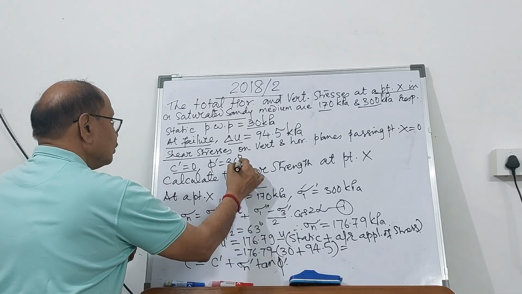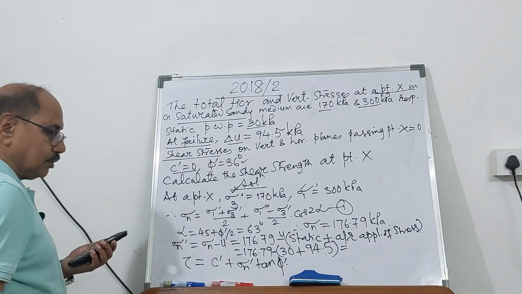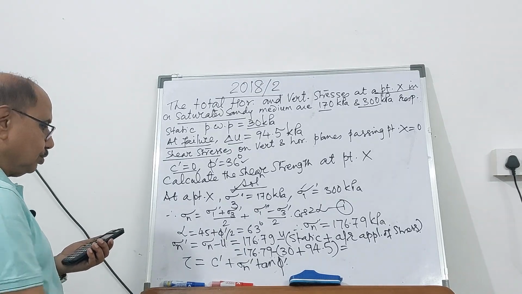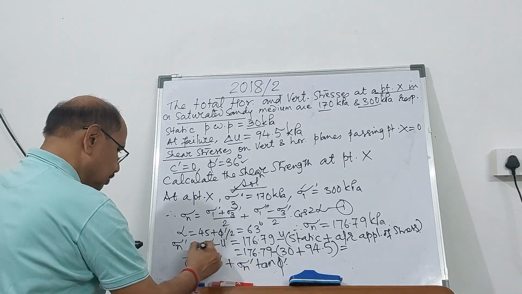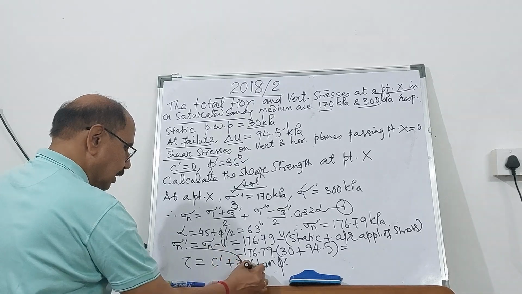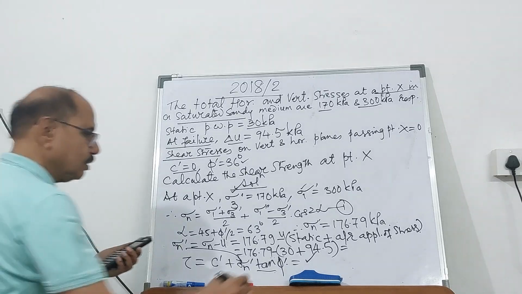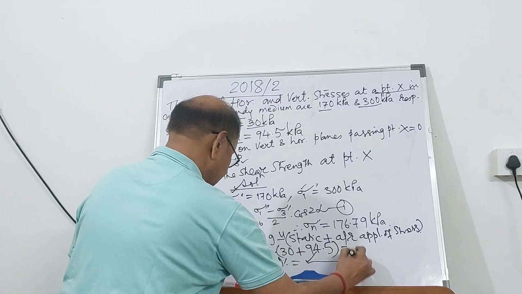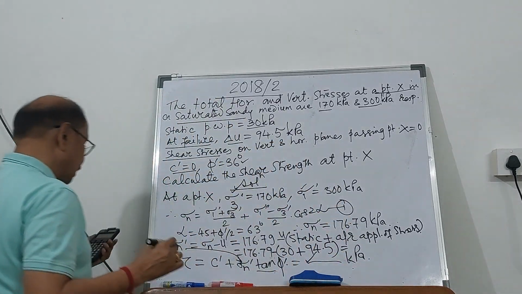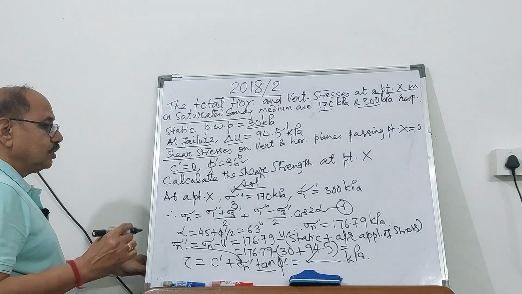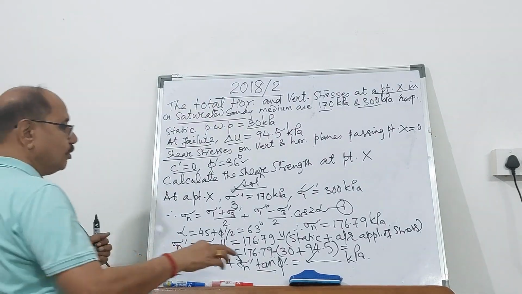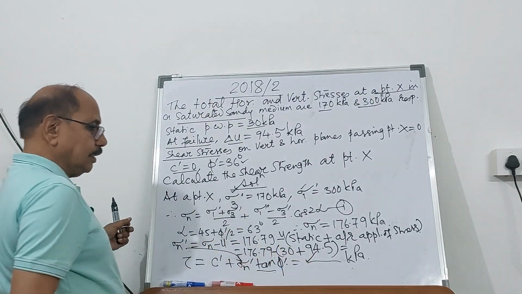Phi prime is already known to us. So if you substitute the value of sigma n prime and calculate this, you get the answer in kilopascal. So this way you can solve this problem of 2018.